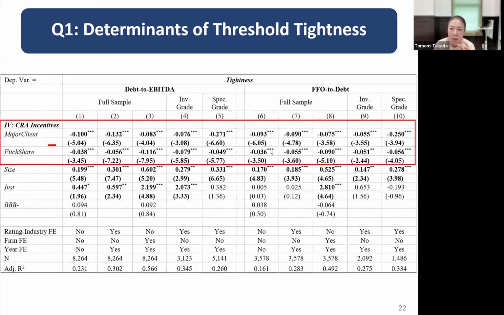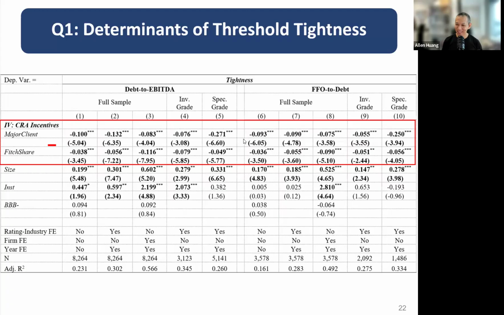Because of that, the entire market condition may not impact the tightness of the threshold. Am I right? Right, in some sense, yes. If this year is good, then it should be reflected in the ratio already. So when I set the threshold, the difference between the threshold and the ratio is not really affected by the year fixed effects. Okay, I see. Thank you very much.